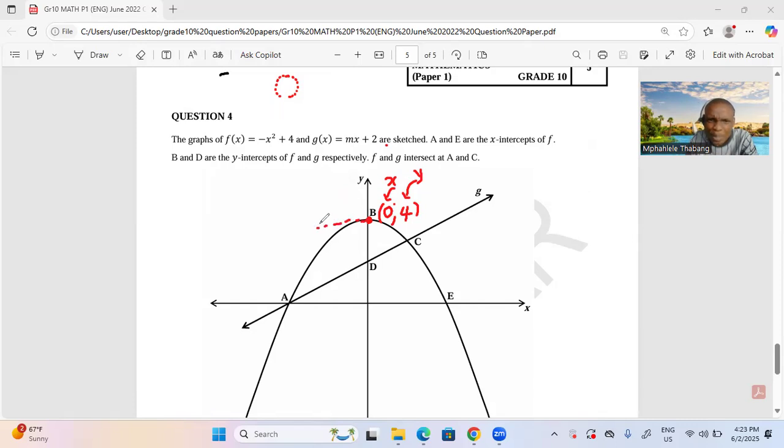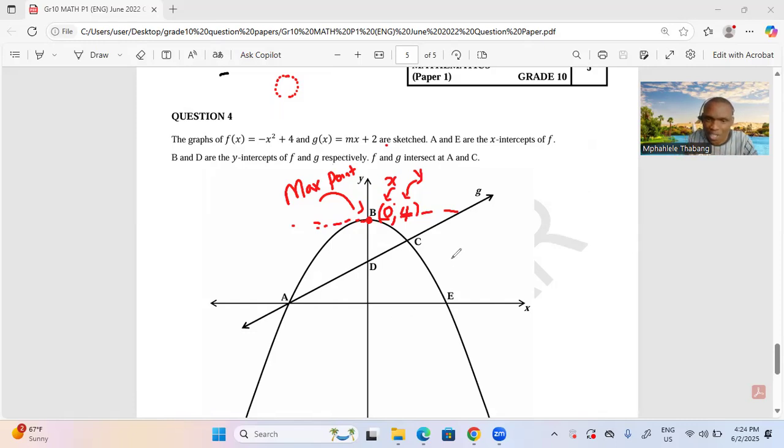So B represents what we call the maximum point of the graph. All these other points are below point B. So point B gives us the highest value of y. So we say this graph of F has many values of y, but all those values of y are below 4. 4 is the highest value of y.